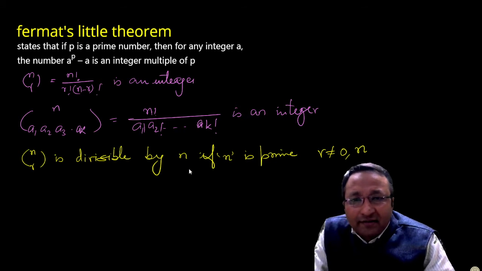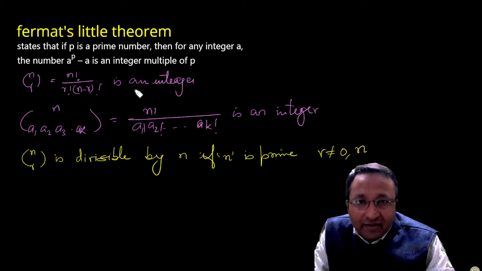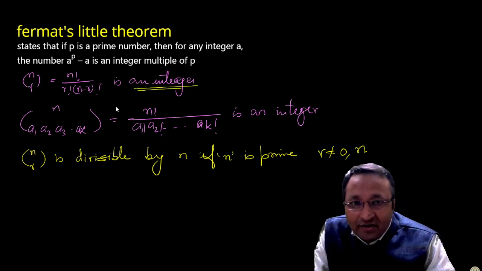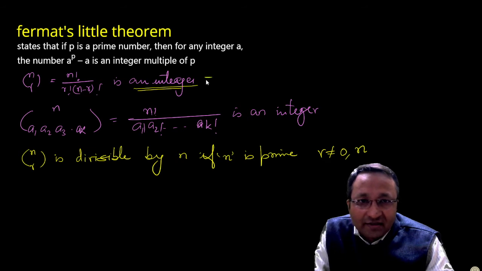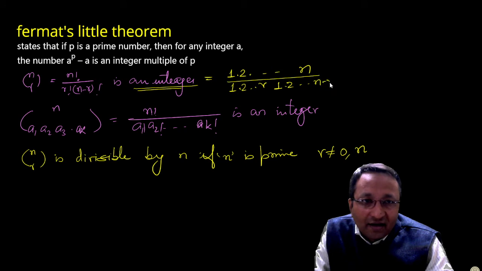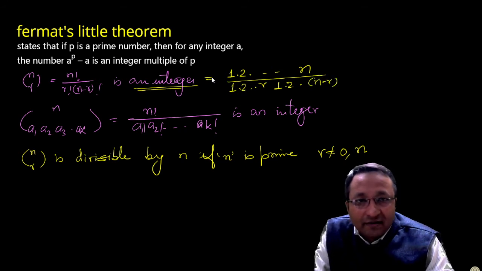Why do I take this assumption? Simply because at the very first place we have said that n choose r is an integer. Now if this is an integer, then 1 into 2 into 3 up to n, divided by 1 into 2 into 3 up to r and 1 into 2 into 3 up to n minus r, is an integer, which means that the entire denominator cancels off the numerator.